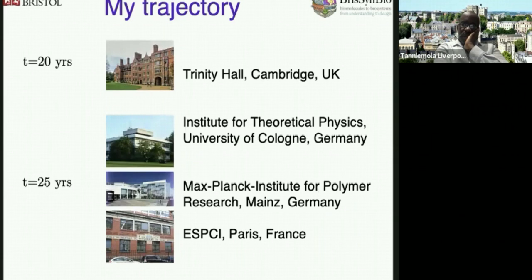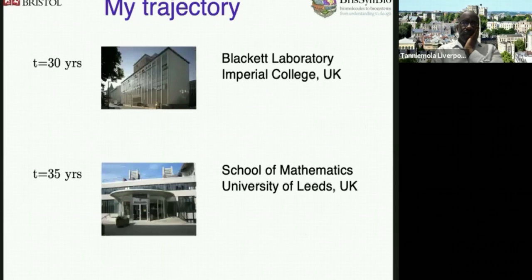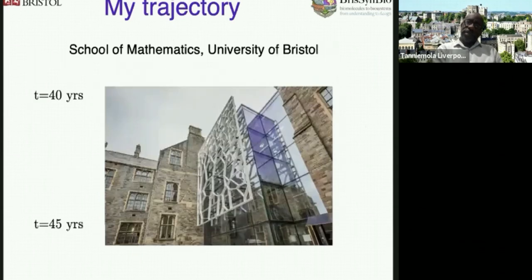I could be found consecutively at the University of Cologne, at the Max Planck Institute in Mainz, and the SPCI in Paris, in France. Cologne and Mainz are in Germany. At 30, I was to be found at the Blackett Laboratory at Imperial College. At 35, at the School of Maths in Leeds. And at 40 and 45, at the School of Maths in Bristol, where I still am.